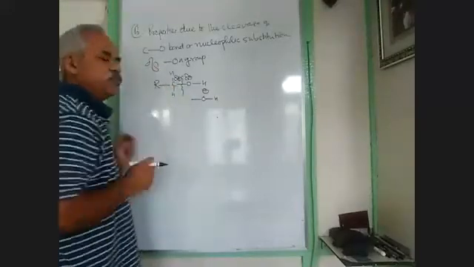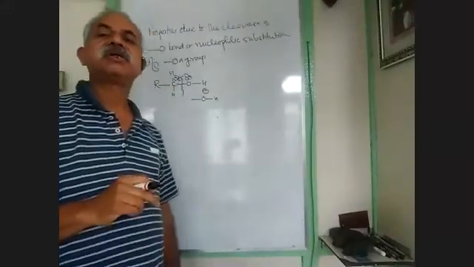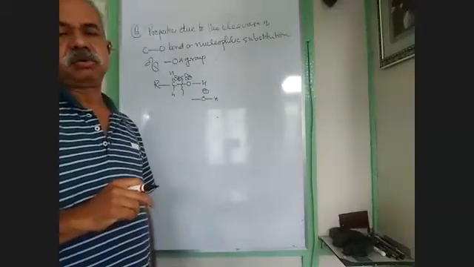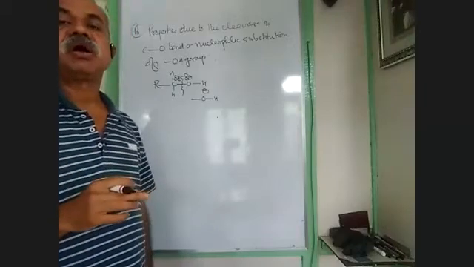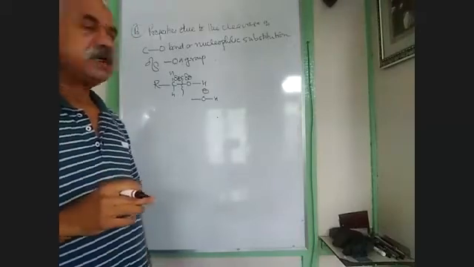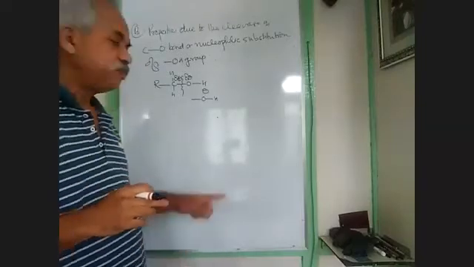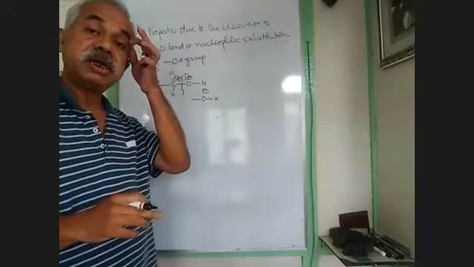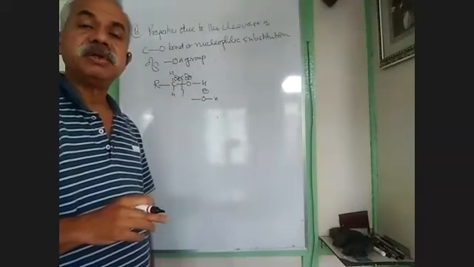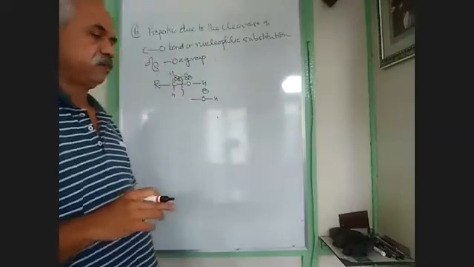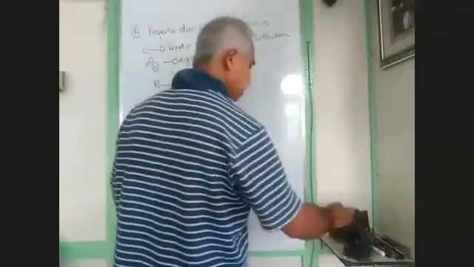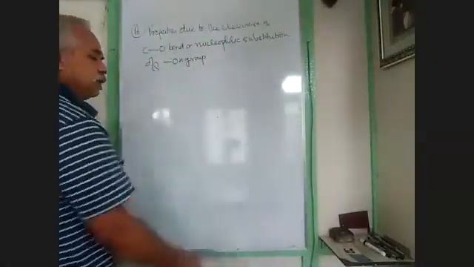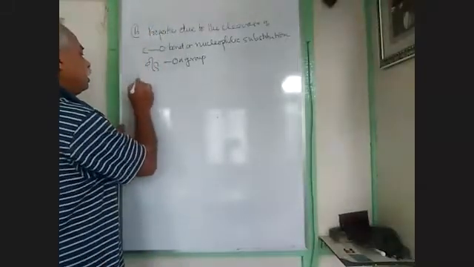So this place has to be taken by another electron-rich species in order to satisfy the tetravalency of carbon. Electron-rich species are called nucleophiles. So one negatively charged species is replacing the hydroxide. Clear? Due to that, we call it nucleophilic substitution reaction.